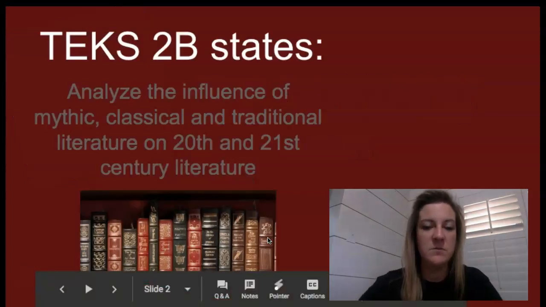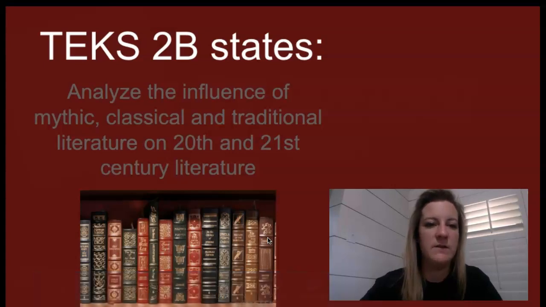Standard 2B states: analyze the influence of mythic, classical, and traditional literature on 20th and 21st century literature. So basically, we're looking at how old books, and the examples I'm going to give you today aren't necessarily ancient.